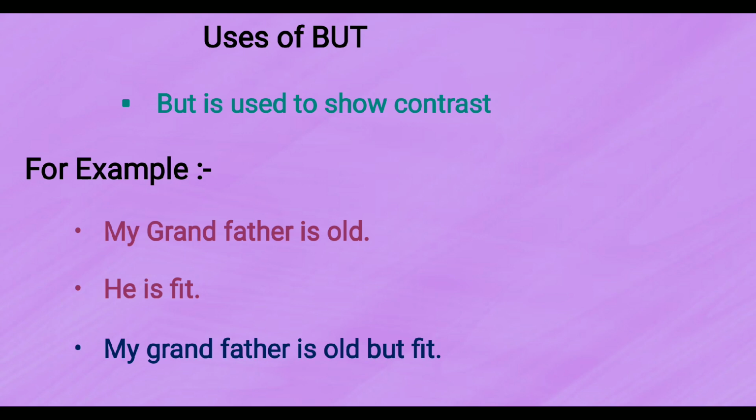So what can we do? My grandfather is old, we use "but", and only the contrast from the second sentence, fit. No need to write the other words from the second sentence.